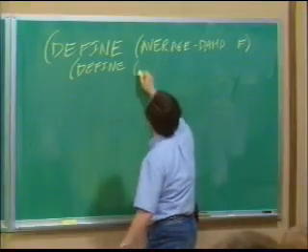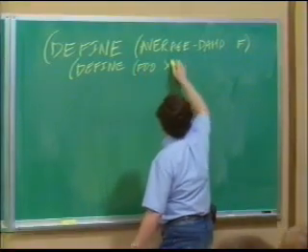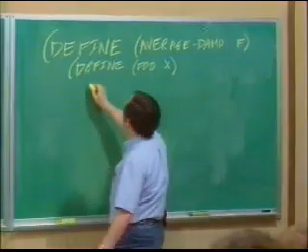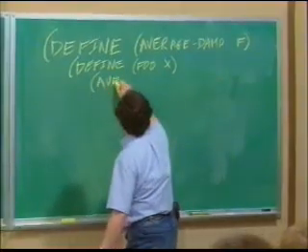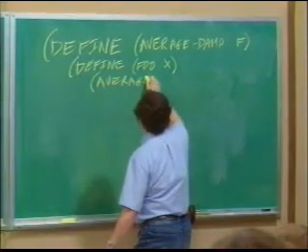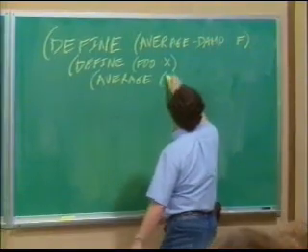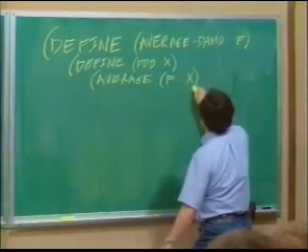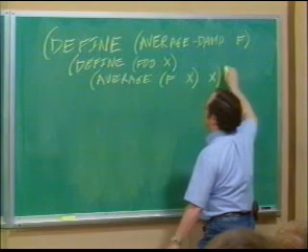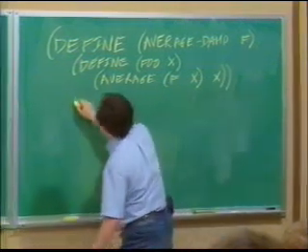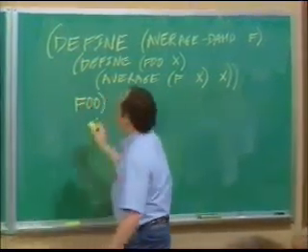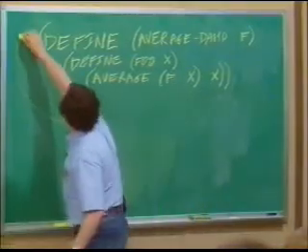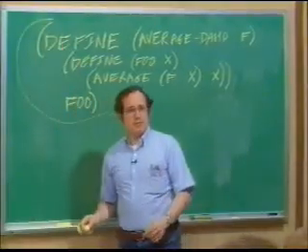I'll have to give it a name. Define foo of x to be the average of f of x and x, and return as the value foo. This is equivalent, but I have to make an arbitrary name up.